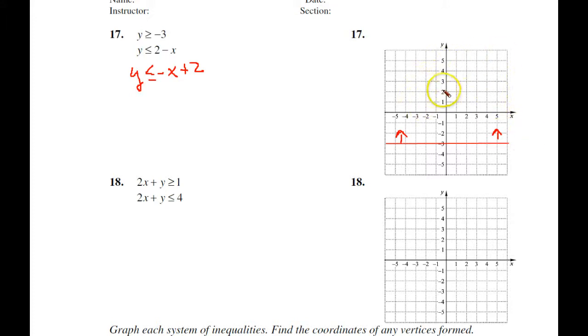My y-intercept is 2, goes over 1, down 1. And there's my line. So we're going to shade below, and the part where they intersect is here.